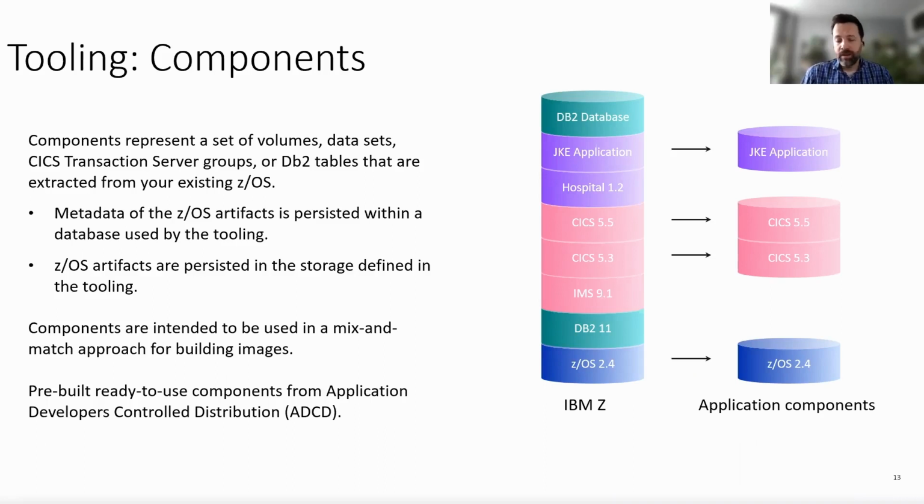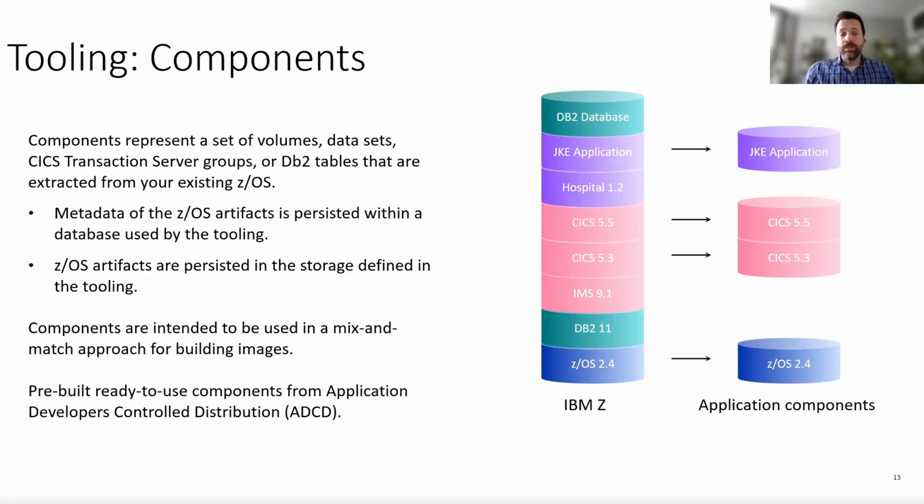And then along with that component, besides the artifact side, there could be some metadata as well. So, in the case of, let's say, a zOS component that's really your system volumes, there will be a bunch of metadata that comes along so that we know where the TCP/IP profile is. We know where all the other types of metadata that we need. We know the devices that were allocated to the system so that we can replicate that on another system.